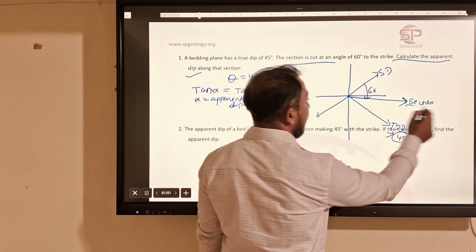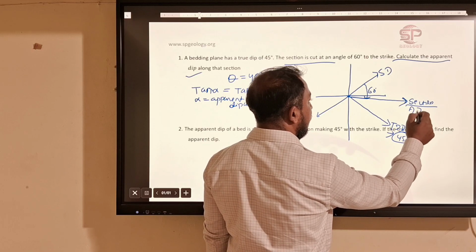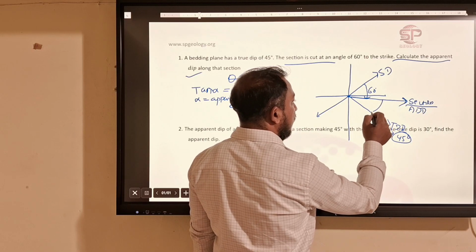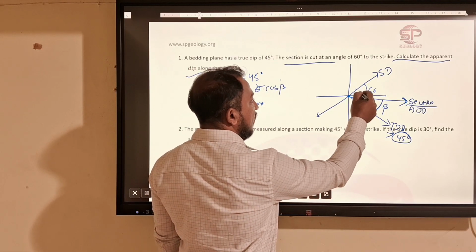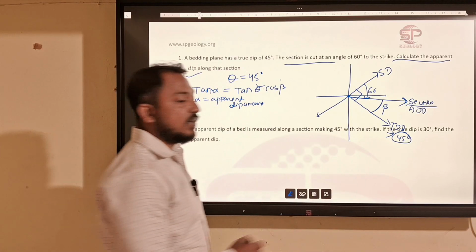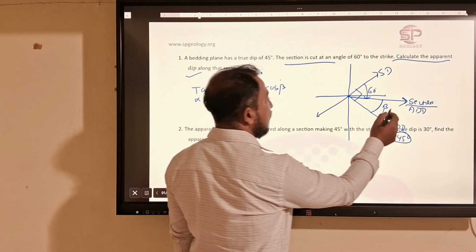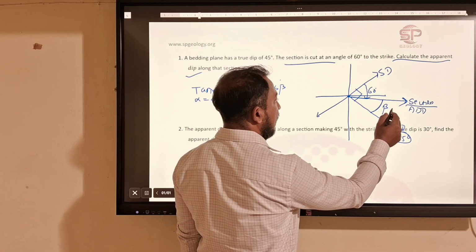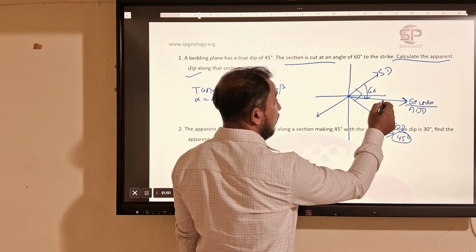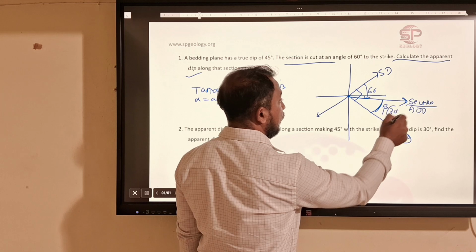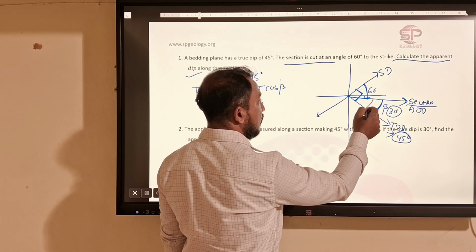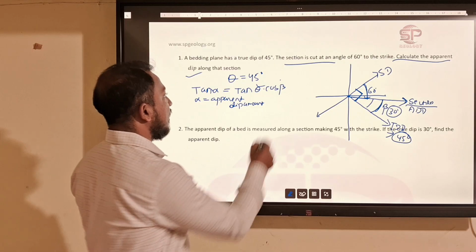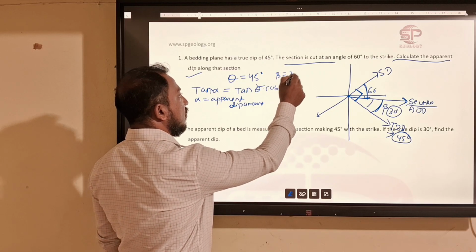Now this section we have taken, this is your apparent dip direction. Now this will be considered as your beta. So the angle between strike direction and true dip direction is 90 degrees. Now this beta will be 30 degrees, because this is 90, now this much is 60, so this much will be 30 degrees. So we get beta equal to 30 degrees.